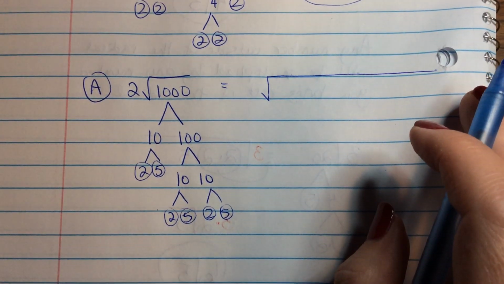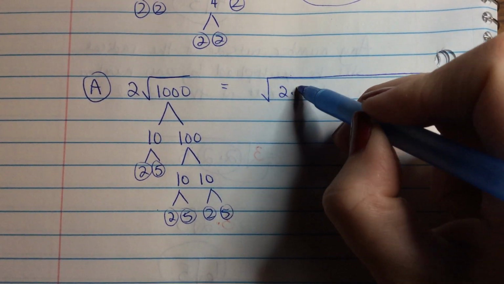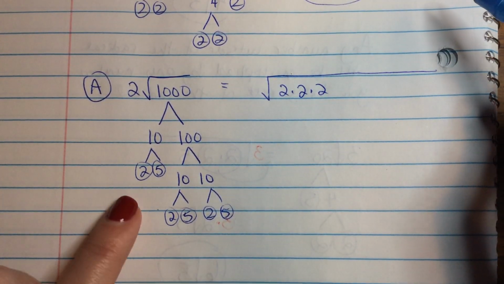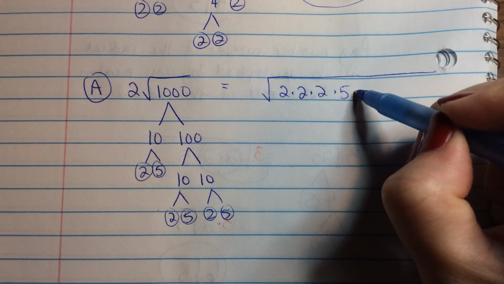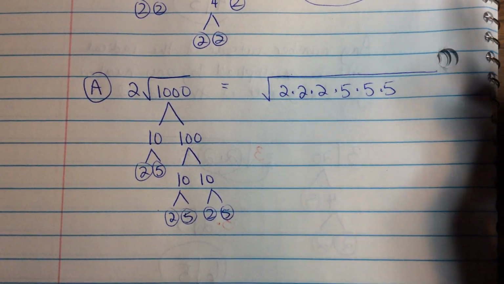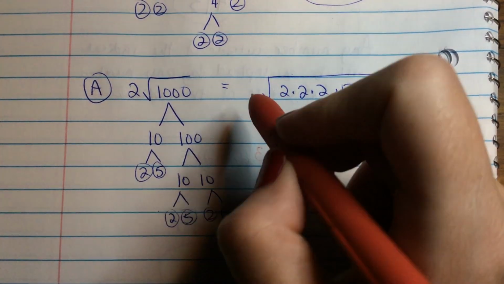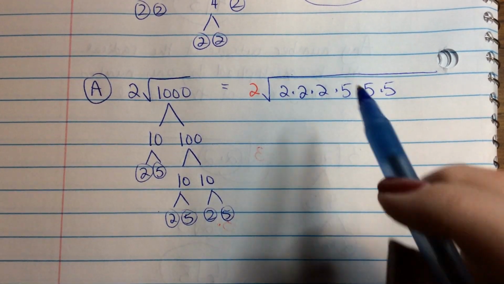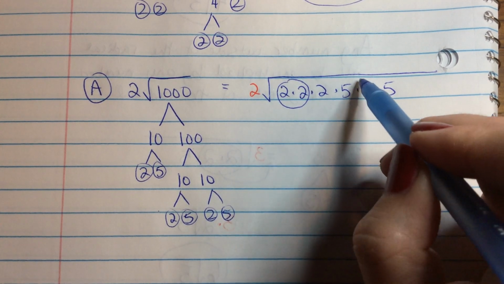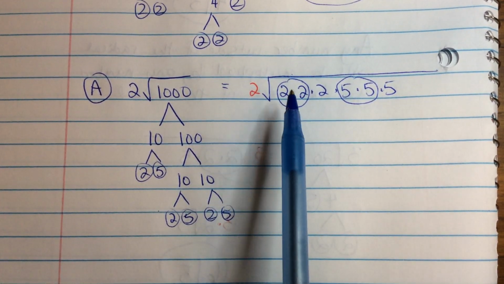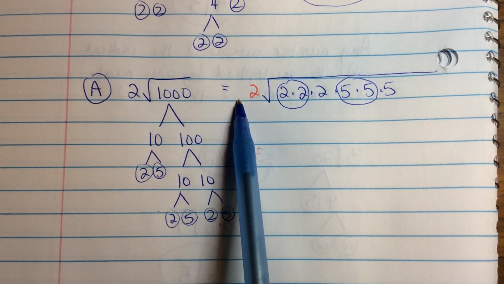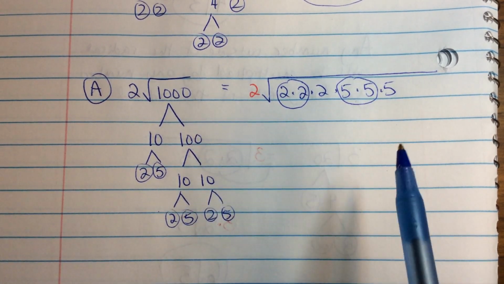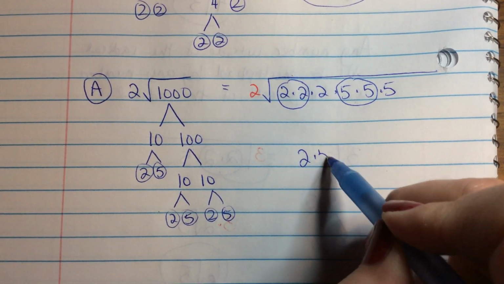So what we really have is 2 times 2 times 2. We have 3 2s, and we have 3 5s. And then don't forget the 2 that's out front here from the original problem. So let's circle what we can. We have a pair of 2s coming out, and we have a pair of 5s coming out. So we have 2 times 5.